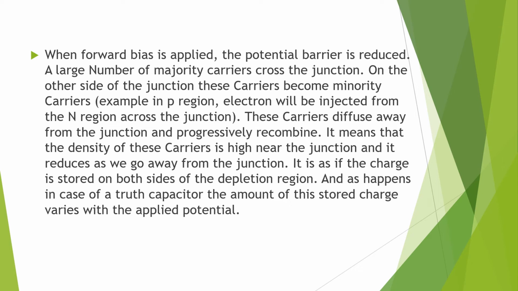It means that the density of these carriers is high near the junction and it reduces as we go away from the junction. It is as if the charge is stored on both sides of the depletion region, and as happens in the case of a true capacitor, the amount of this stored charge varies with the applied potential.